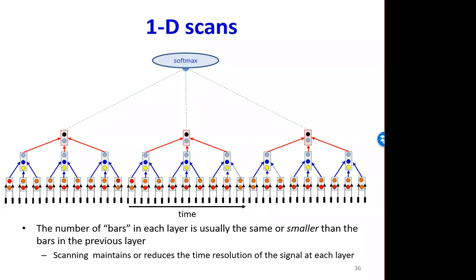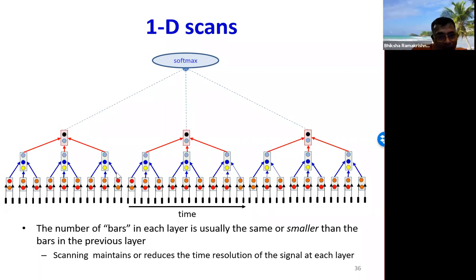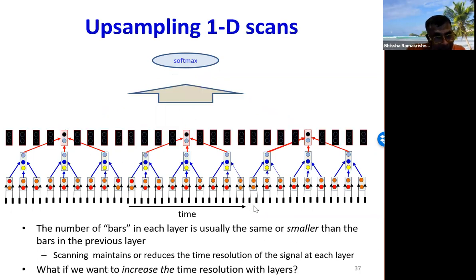Yeah. Okay. Now, observe something over here. When I scan with a stride of 1, the size is maintained. If I scan with a stride greater than 1, the number of bars is lesser than the number of bars below it, so the size decreases. But then, let's say I want to increase the number of bars over here.